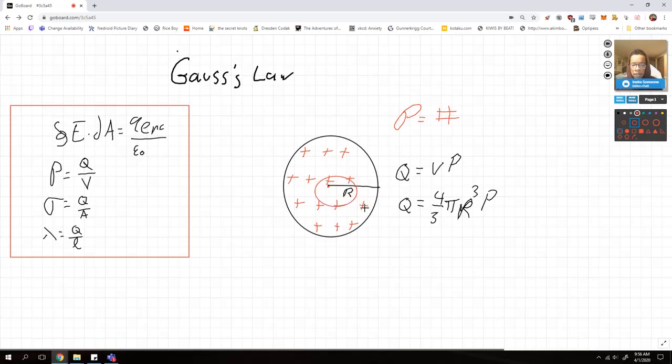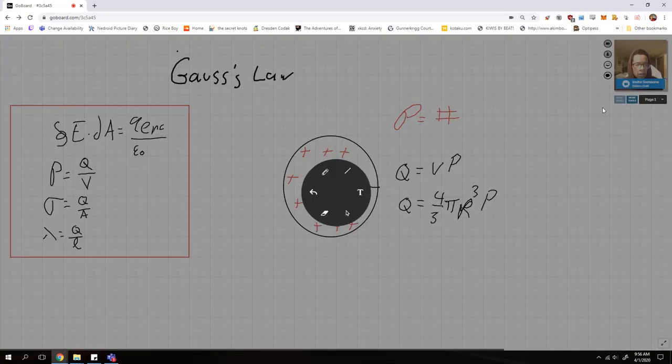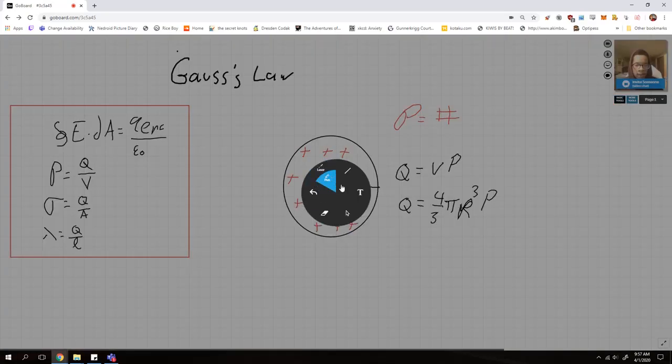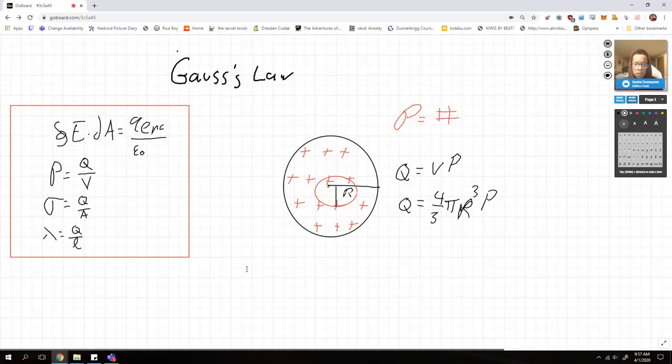So let's say my Gaussian surface is this red one, and I want to know the electric field some distance little r. Let me type that out.